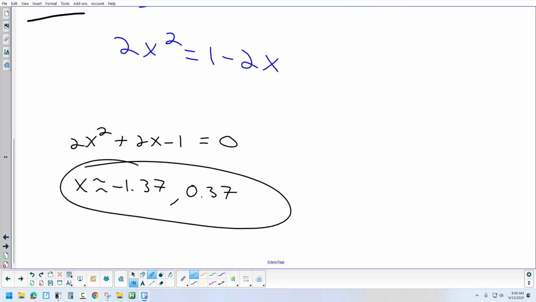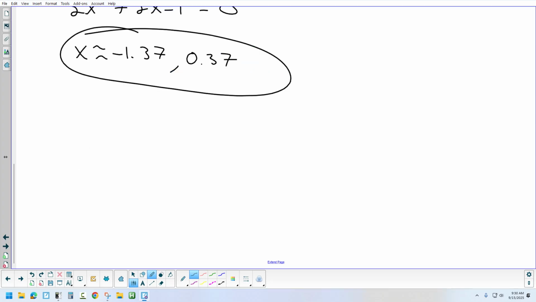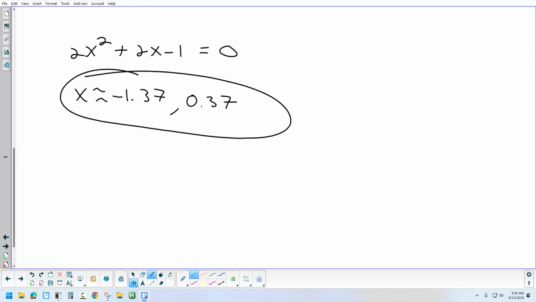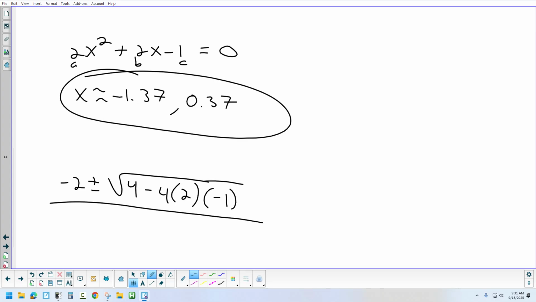Okay. Any question how to do it if I asked you for the exact answer using the quadratic formula? Yeah. Could you do it with the quadratic? Yeah. So you got A, B, and C. So negative B plus or minus the square root of B squared minus 4 times A times C all over 2A.